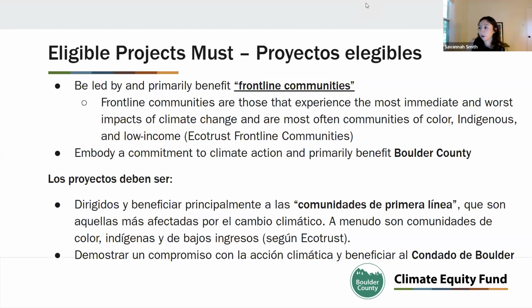So if you're proposing a project that is going to benefit X community, but they're not involved at all in the planning or the active participation of the project, then the evaluators may not consider it a frontline community-led project. I hope that's helpful. I know it's not super specific, but if you can detail how the community is being impacted, I think that would be really helpful in your application.